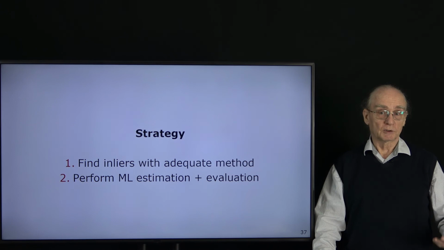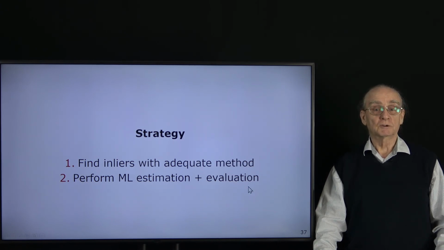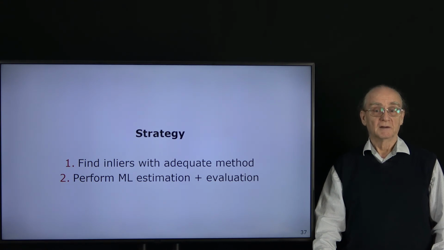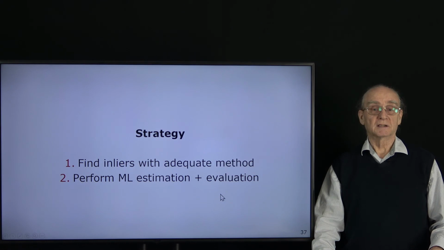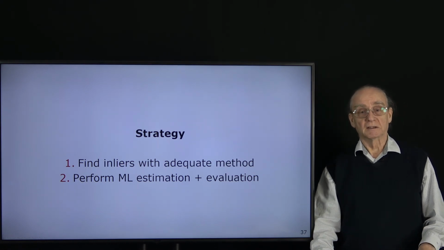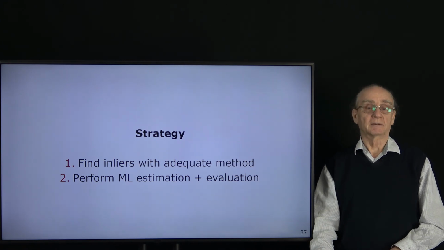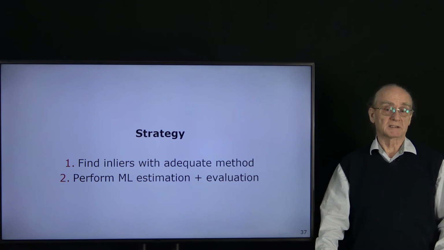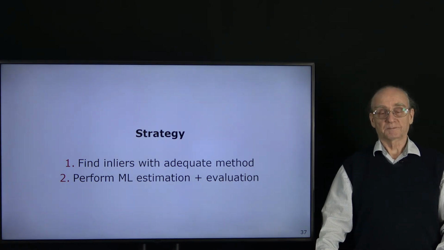We have a nonlinear problem in general, but we are able to perform a rigorous evaluation with all the tools which we discussed. That means at the end we come up with a solution where we understand what the estimation actually did, namely using the inliers, performing a maximum likelihood estimation, and the evaluation is with that semantics which we discussed in the lectures.